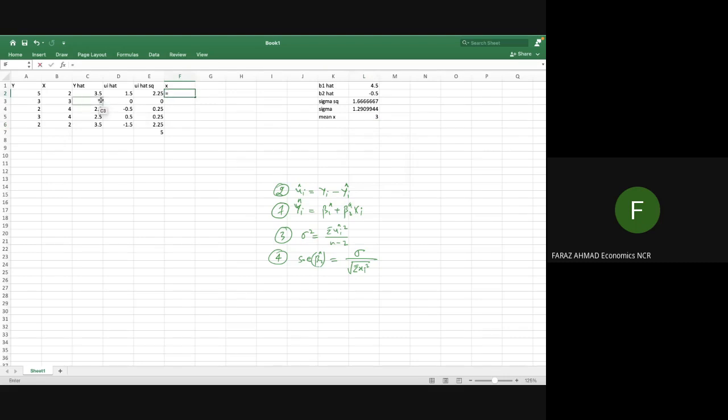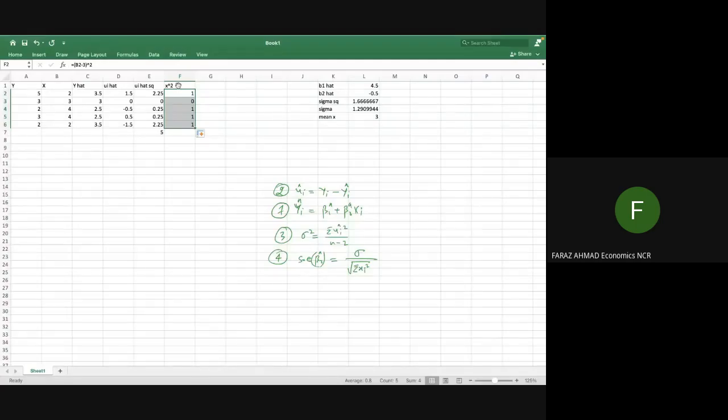Now I can use the formula: each x number minus the mean, or let me just write 3 here, and because I need their squares, I'll square it here itself. Right? So this is what I wanted. And now I'll copy the formula down.